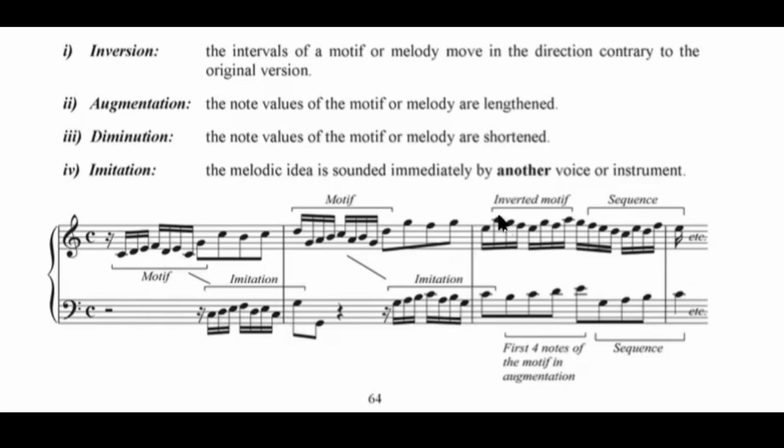In the next bar, the motif is inverted in the opposite direction with a sequence that follows. Interestingly, in the bass part, we can see the rising four notes which originated from the motif itself, but now with the rhythms, here it is in augmentation. Let us listen to this passage.